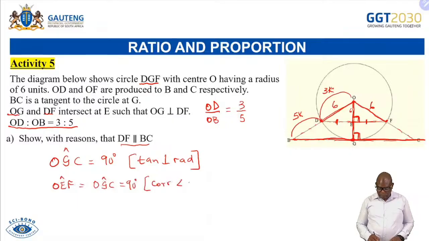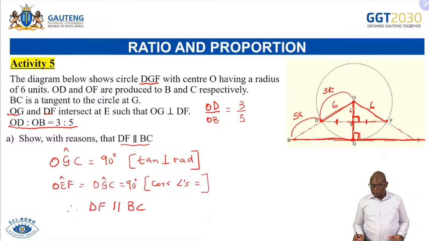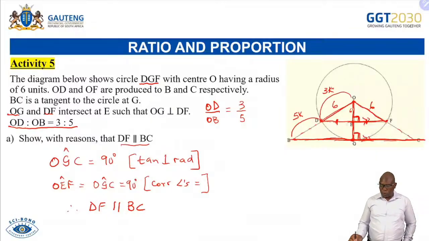If the angles are corresponding and they're equal, therefore the line DF will be parallel to the line BC. Those two lines will be parallel because those two sides are in the same proportion. It is because of the corresponding angles which are there.